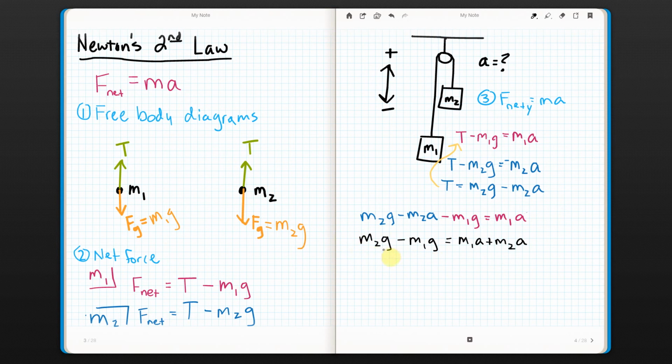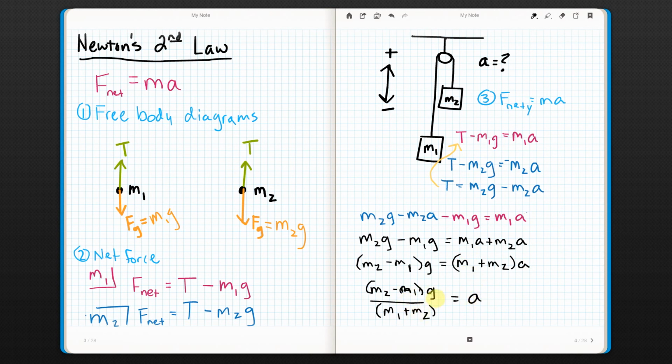Over here, if I pull a G out, I get M2 minus M1 times G. And over here, I can pull an A out, and I get M1 plus M2 all times A. I'm going to divide by M1 plus M2 on both sides so that A will be alone. So I end up with M2 minus M1 times G all over M1 plus M2. That equals A.